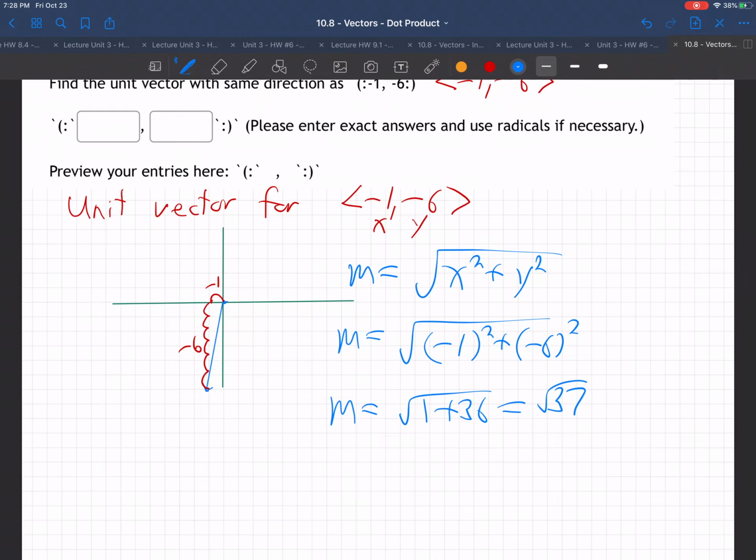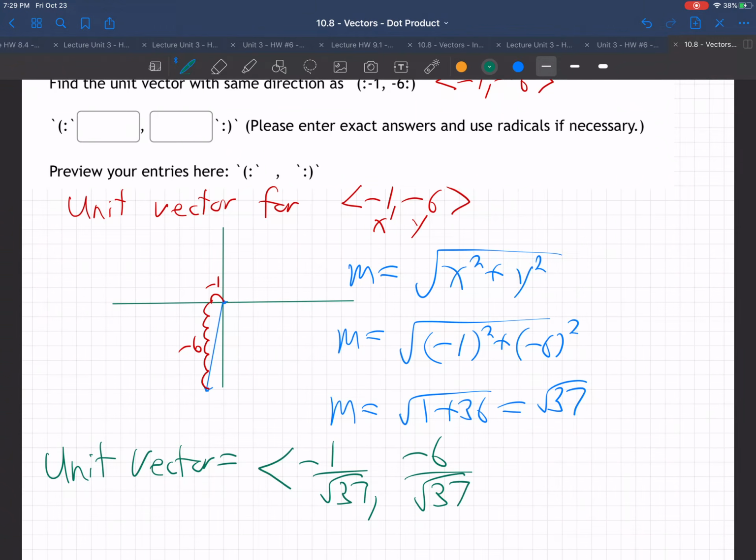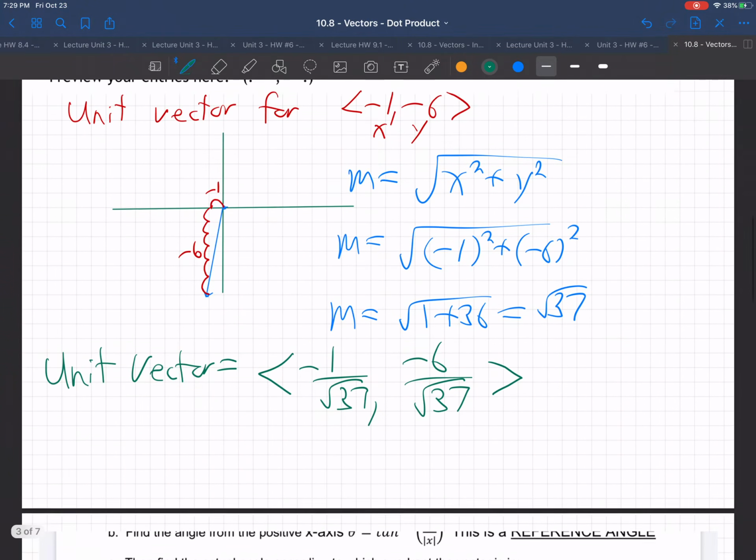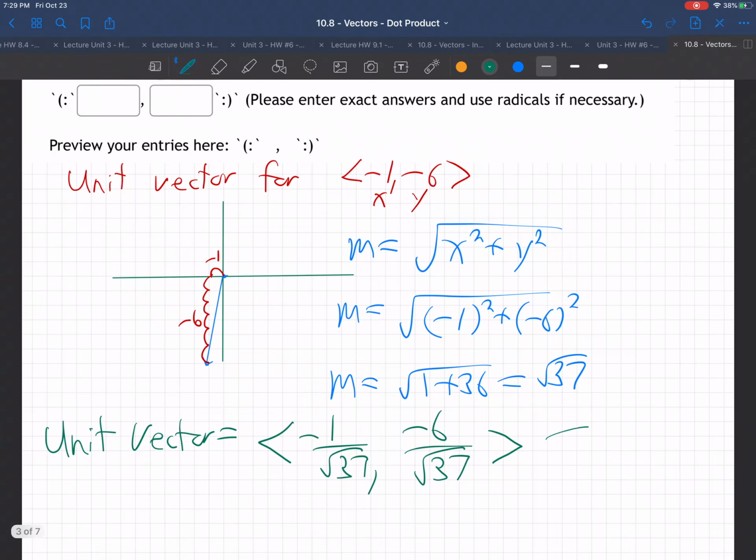So that means the unit vector equals -1 divided by the square root of 37, comma, -6 divided by the root of 37. And they want you to enter an exact answer just like that. It's okay to leave the square roots in the bottom. They don't want a decimal, they want an exact answer.